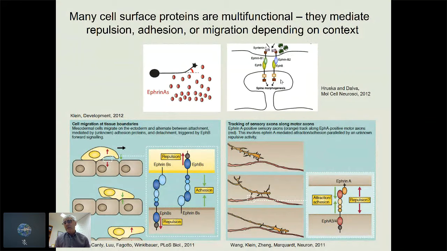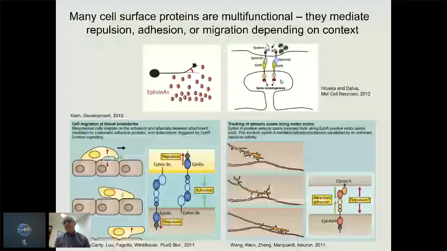Then that high affinity binding of Eph-ephrin would result in some sort of an adhesive or attractive event, and that helps to form a synapse.